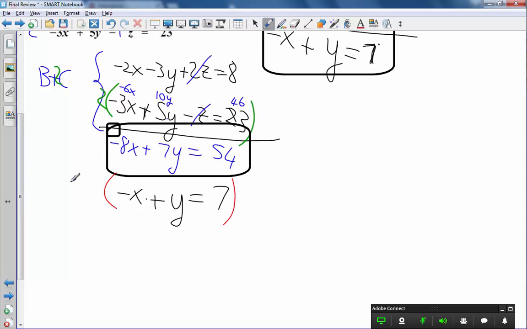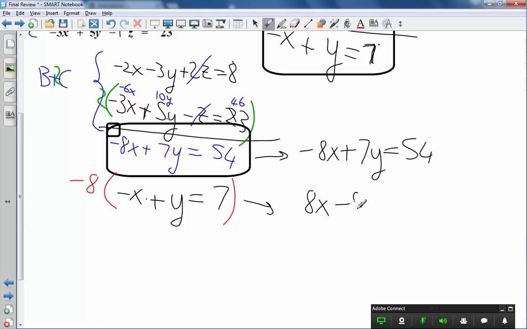It says multiply the bottom one with negative 8. This way negative 8 times negative makes positive 8. Oh, I see you're canceling these. Okay. So I'm just going to rewrite everything. The top one doesn't require any multiplication. The bottom one will do. And change into this.